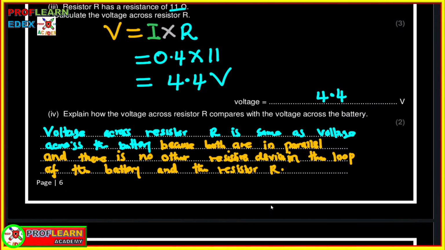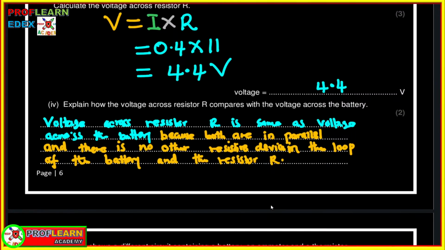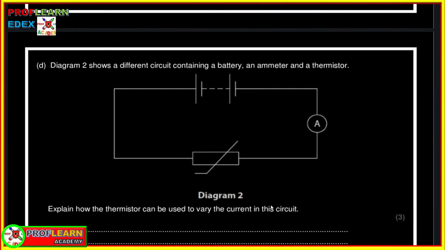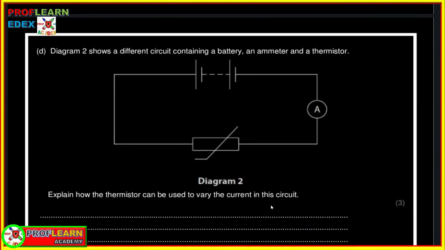All right, let's check which other question is down here. Still, we are under the same concept of electricity. Here we are told, explain how the thermistor can be used to vary the current in this circuit. A thermistor, remember, is a type of variable resistor whose resistance depends on the temperature.